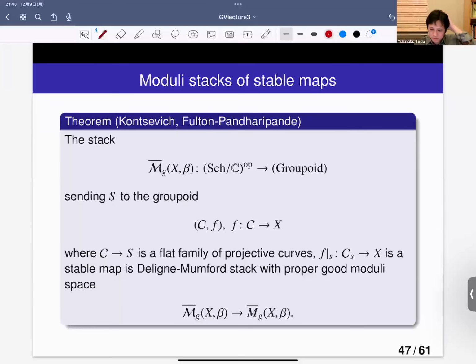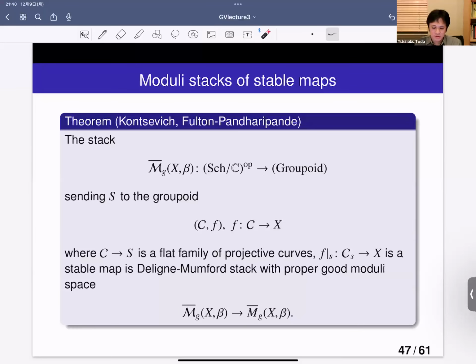So this is also a fundamental fact: if we consider the moduli stack of stable maps, where the parameters are the curve class beta and also the genus g, then this is represented by a Deligne-Mumford stack, whose good moduli space, which in the case of a Deligne-Mumford stack is also called the coarse moduli space, is in fact proper.